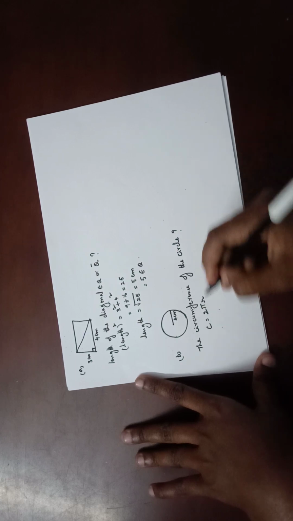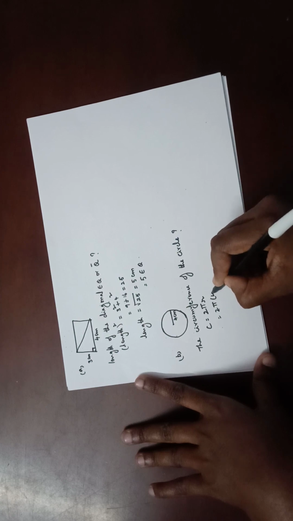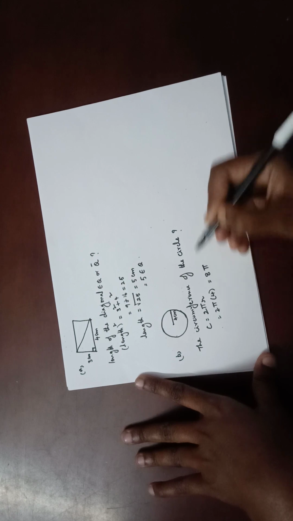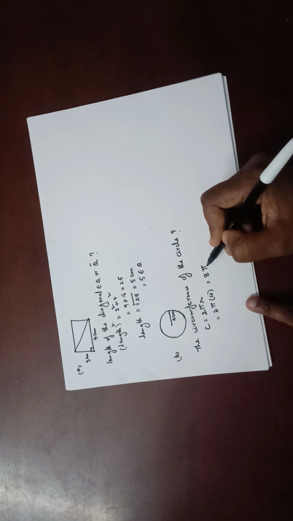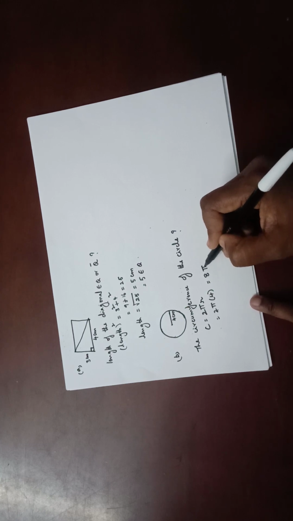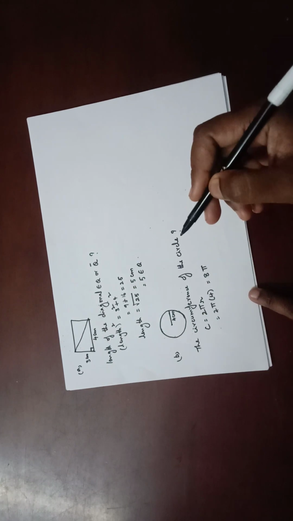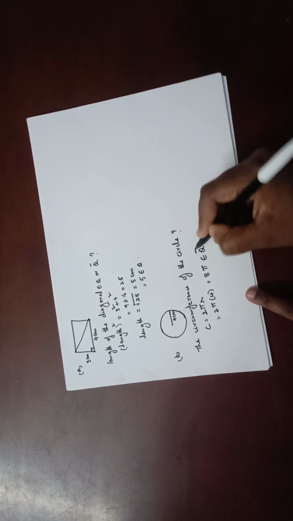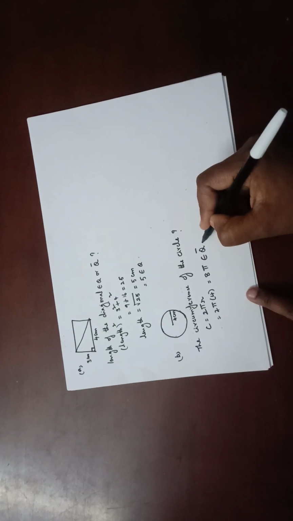So 2 pi, and r is 4 centimeters, so 4 twos are 8 pi. We know that pi is an irrational number. If you multiply this irrational number with any integer, the whole value will become irrational. So the circumference of the circle is irrational.